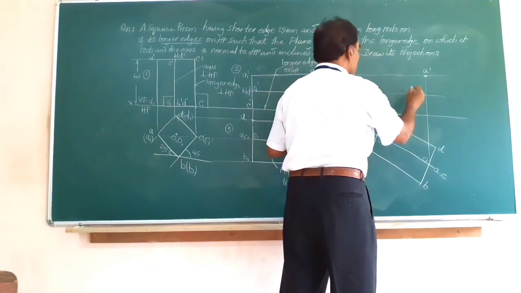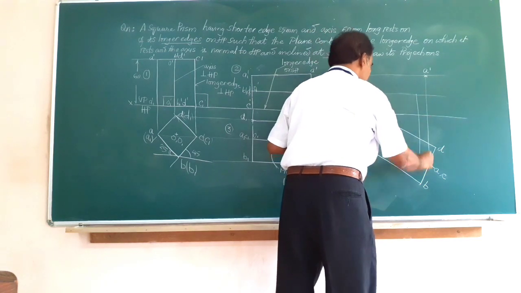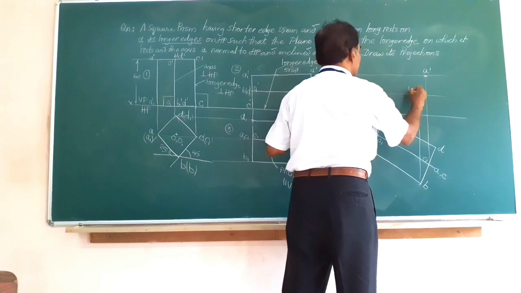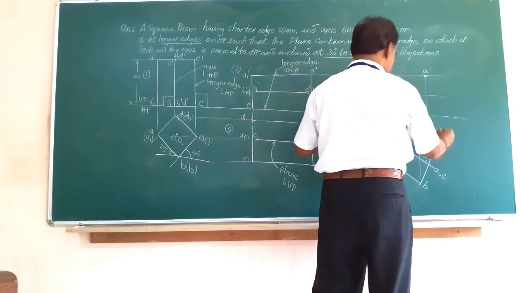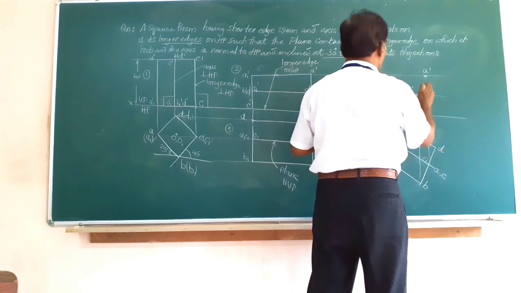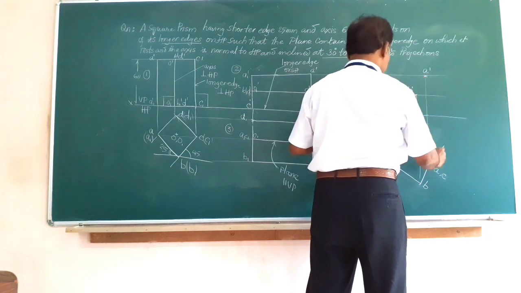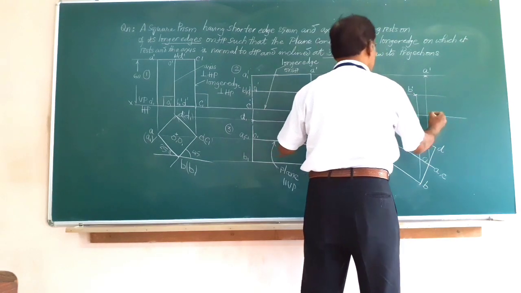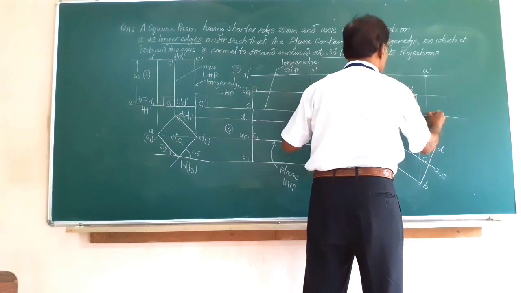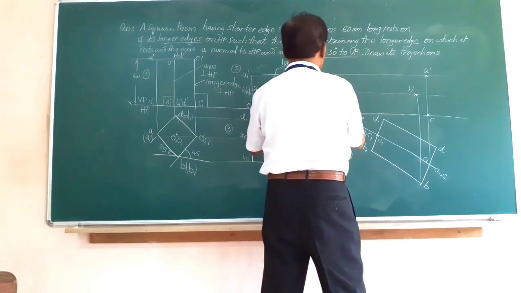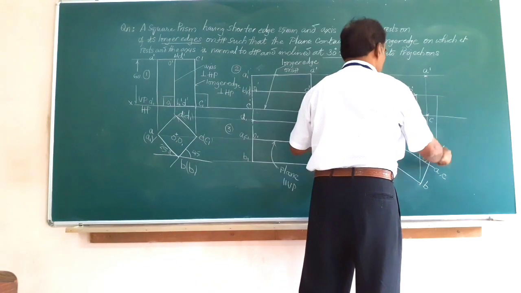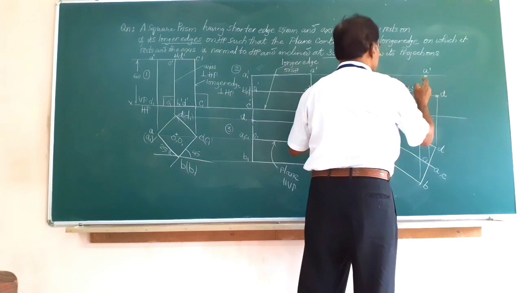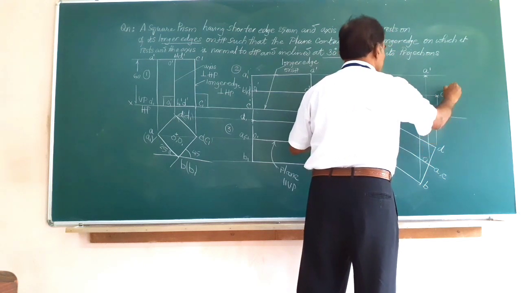A vertical line from B and a horizontal line from B will give you this point B dash. Similarly, C: vertical line from C, horizontal line from C. This point is going to be C dash, and D will fall on this. Follow the same procedure. This point is going to be D dash. So you have got A dash, B dash, C dash, and D dash.